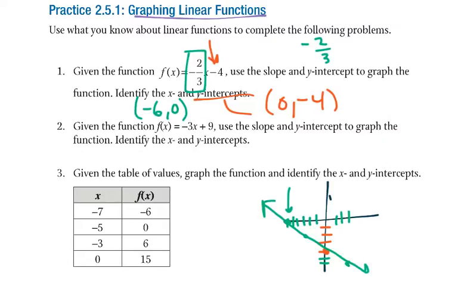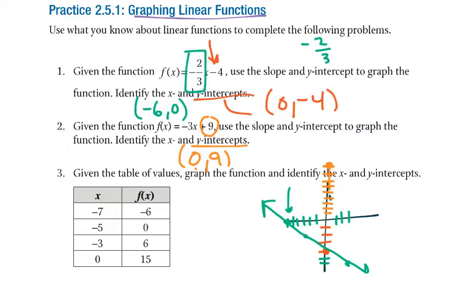Now, number 2, given the function f of x equals negative 3x plus 9, once again use the same thing. So it's the same idea. We go up to 9. Okay. Remember, with linear, that's our y-intercept. So y-intercept is 0, 9, because y-intercepts always have zeros for x.